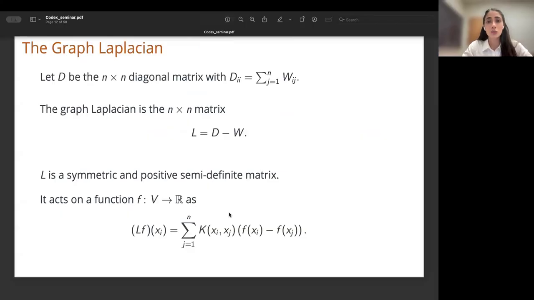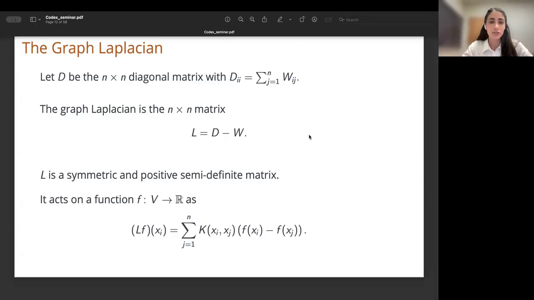Okay. So once we have constructed our graph, we can define the graph Laplacian. So we start by taking this degree matrix D, which basically counts the number of neighbors of a vertex, but it does it in a weighted way because the edges might have different weights.